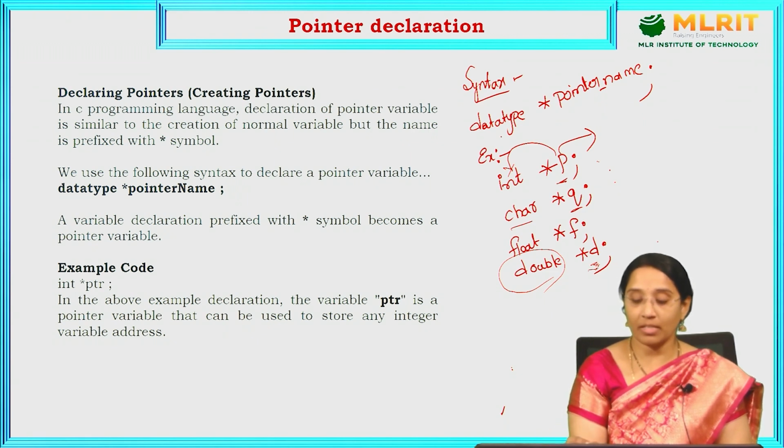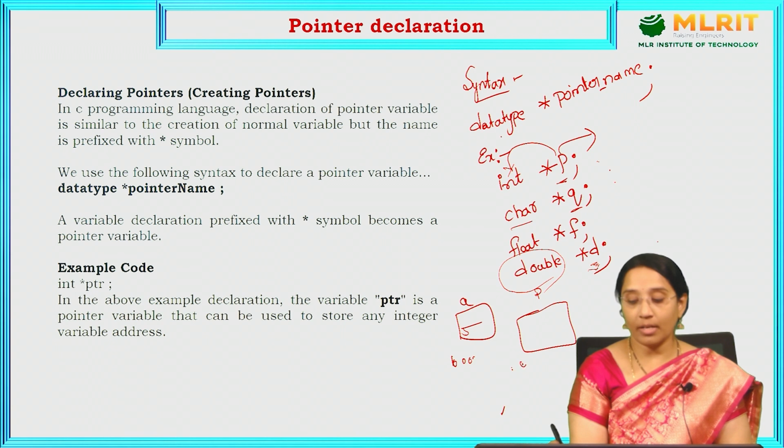In the previous example I have shown you A is a variable which has the value 5 and that is at the memory location 1000, and P is a pointer variable that is at location 2000 in the memory, and P holds the address of A. What is the address of A? That is 1000. So it will point. P is a pointer variable which holds the address of another variable.